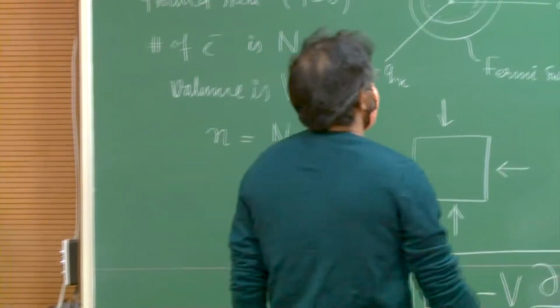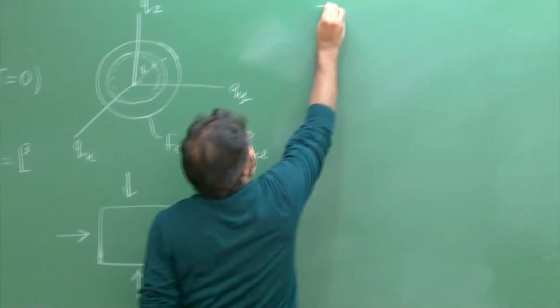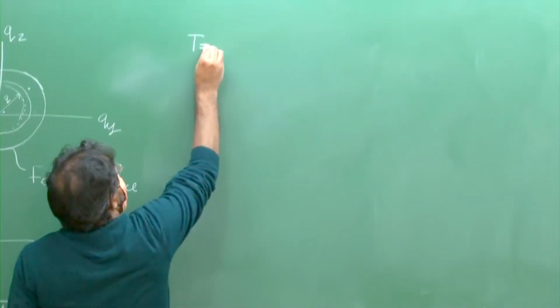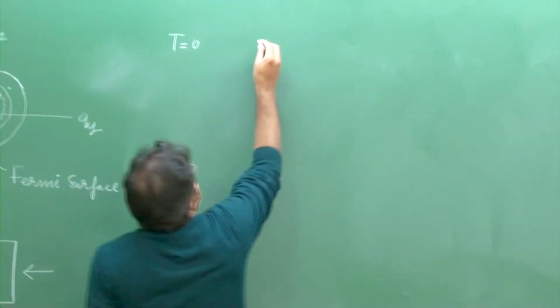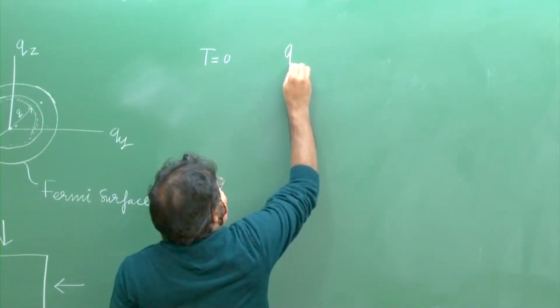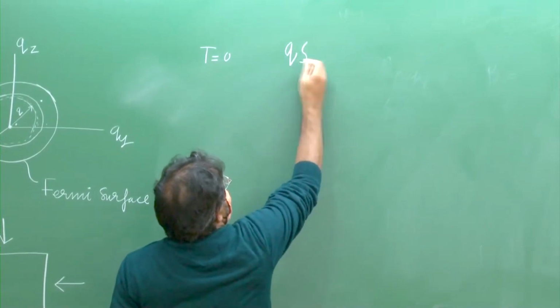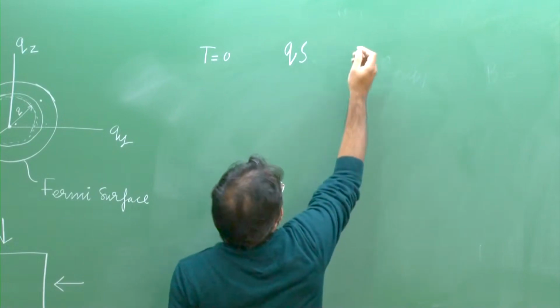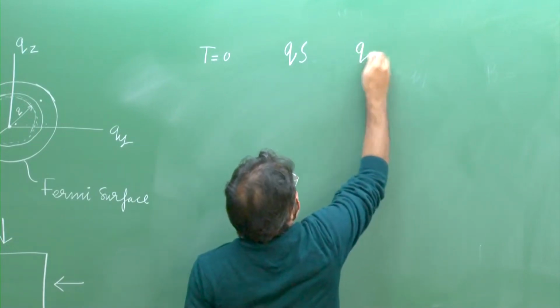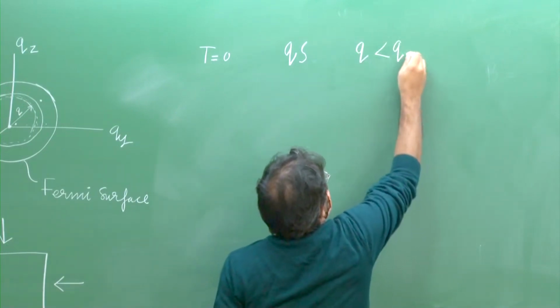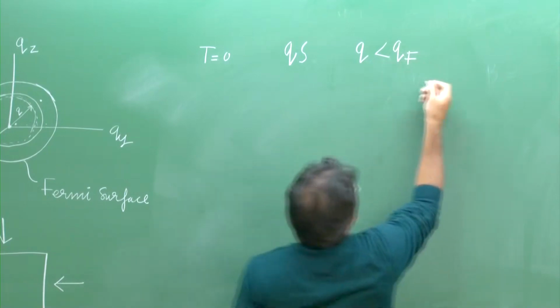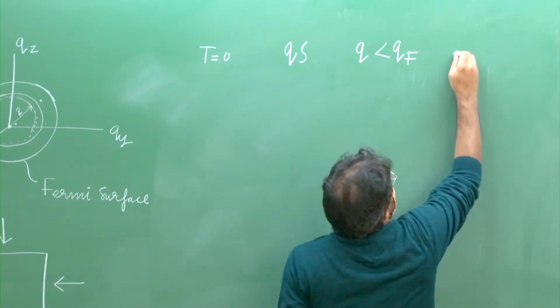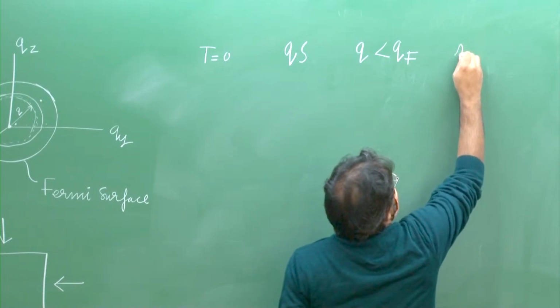So, at T equal to 0, you know, the situation is rather straightforward. At T equal to 0, you say that the quantum states, so I am going to write Qs for the quantum states. So, the quantum states that are below EF, for whom Q is less than QF, or for whom E is less than EF, they are all occupied, fully occupied, right?